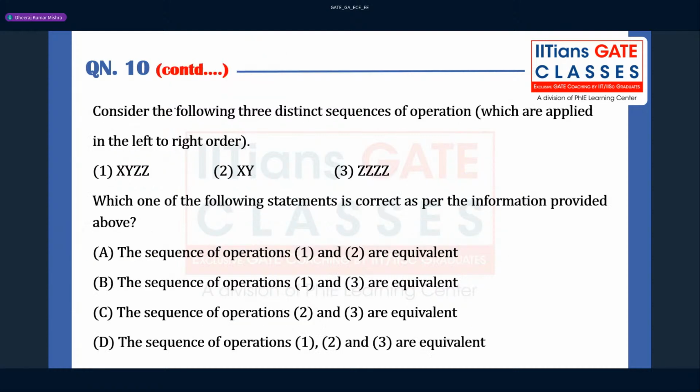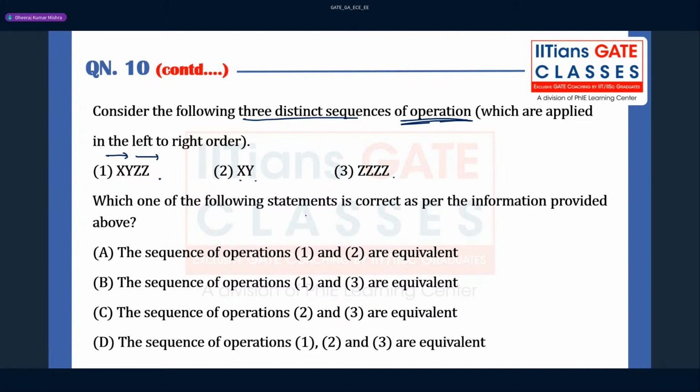So let us see, consider the following three distinct sequences of operations which are applied in the left to right order, right? So we will start from the left and move to the right, like this. Here x, y, z, z, x, y and 4 times z operation has been performed.